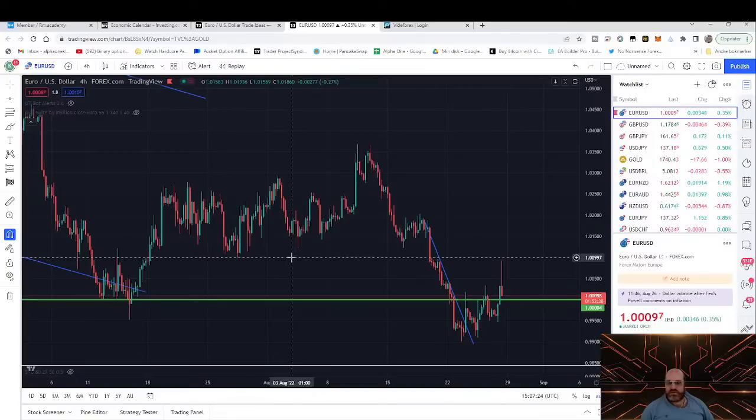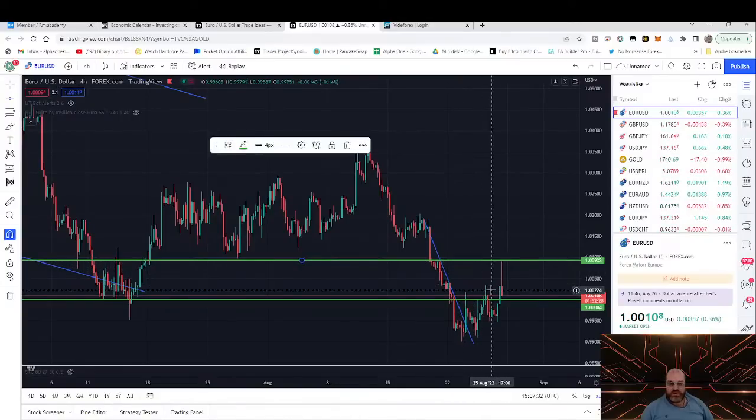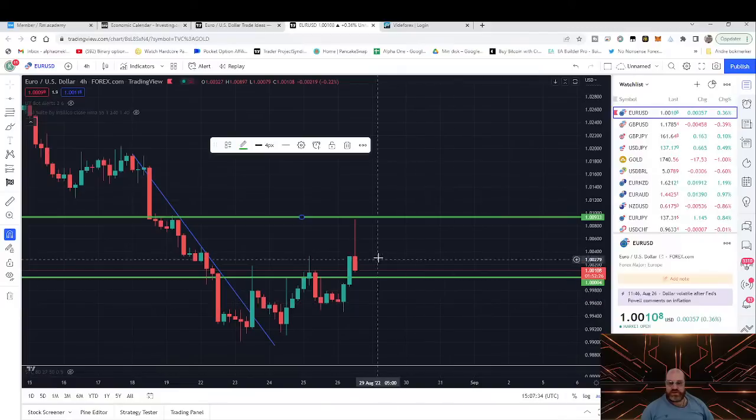I think actually we have some type of resistance in, let's see where we're touching the most places, around here. And you can see that fits quite well with this spike we got up here. It did go exactly up to this line.